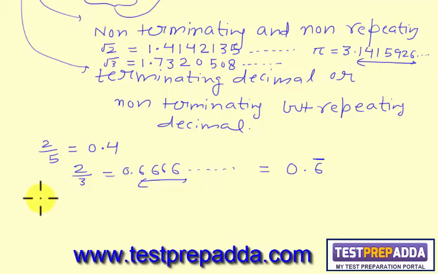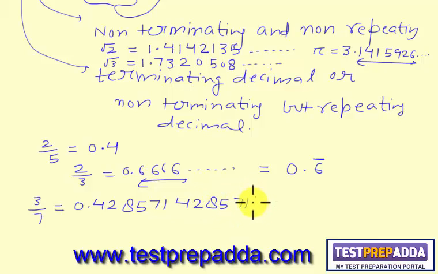If I take 3 by 7, if you try to find the value, it comes 0.428571. Now you can see this 428571 is repeating.